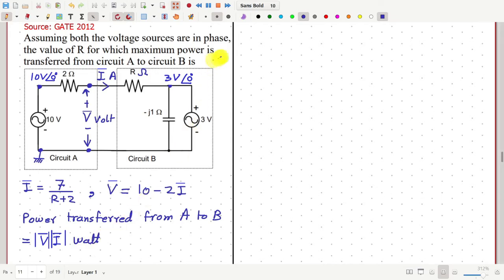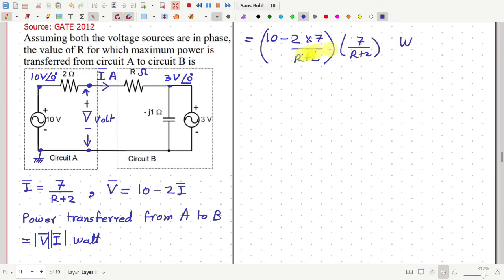Now the power is equal to V, which is 10 minus 2I, 10 minus 2 times 7 by R plus 2, multiplied by the current, which is 7 by R plus 2.